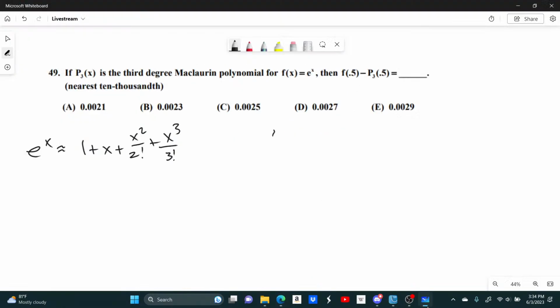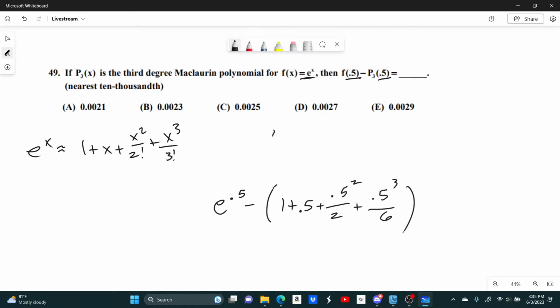So what it's asking for is basically just saying, I want to plug 0.5 into the exact equation, then plug 0.5 into the approximated equation and find the difference. So it's saying e to the 0.5 minus 1 plus 0.5 plus 0.5 squared over 2 plus 0.5 cubed over 6.